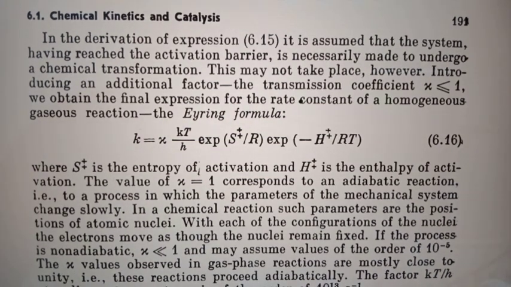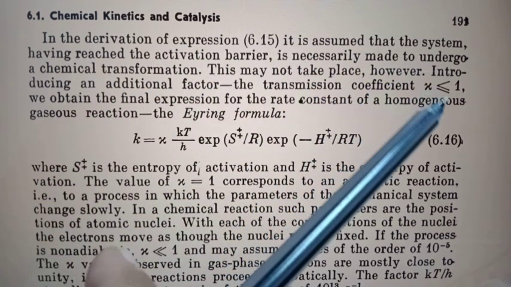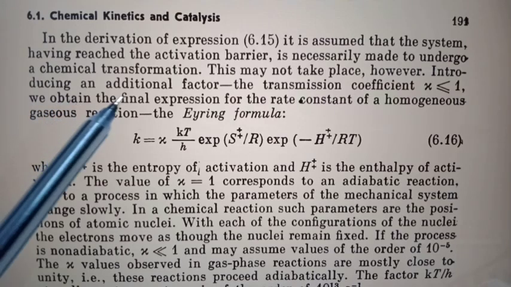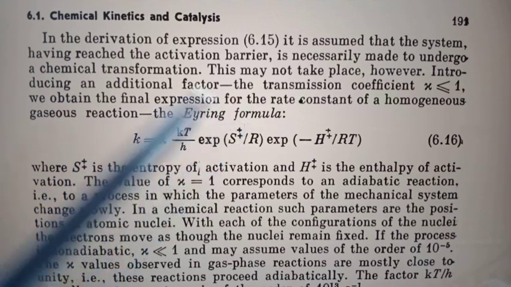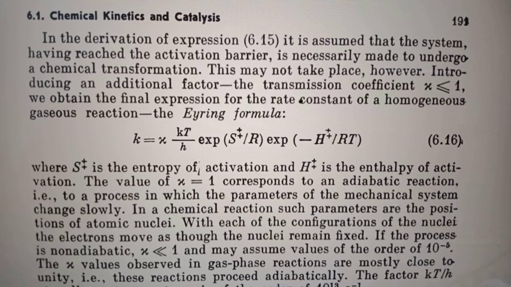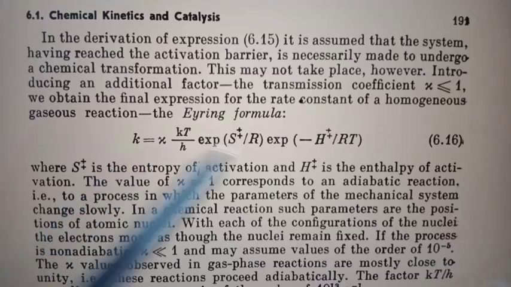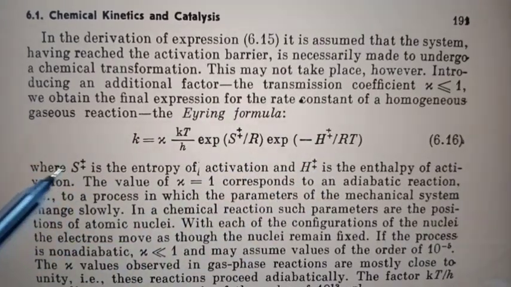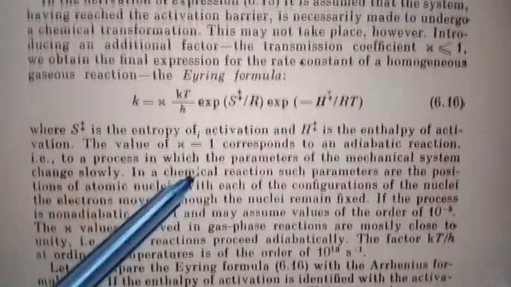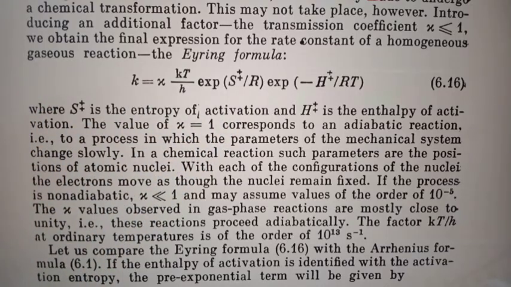However, introducing an additional factor, the transmission coefficient, we obtain the final expression for the rate constant of a homogeneous gaseous reaction, the Eyring formula. This is the Eyring formula, where S is the entropy of activation and H is the enthalpy of activation.